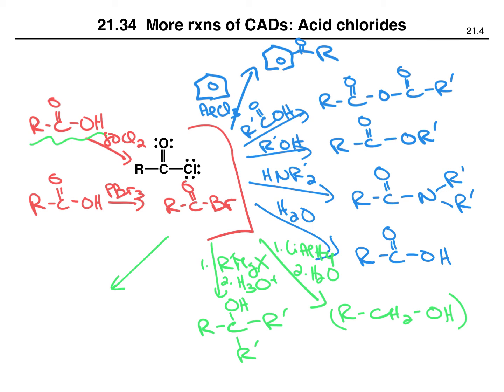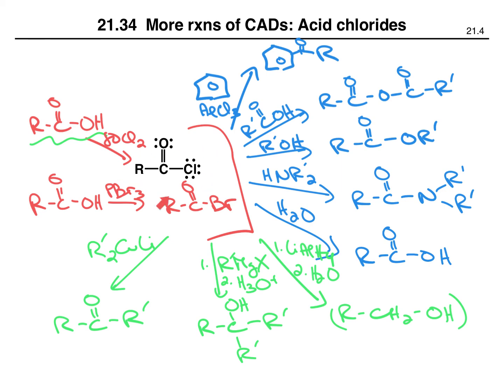One more example, rather than a Grignard or an organolithium, if this is treated with a cuprate. So in this case, it will do nucleophilic acyl substitution and then it stops. It does not undergo a second addition, a nucleophilic addition.